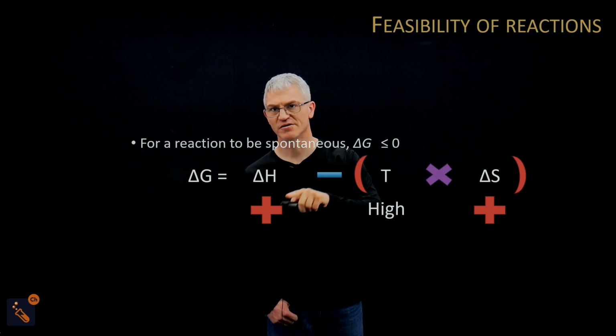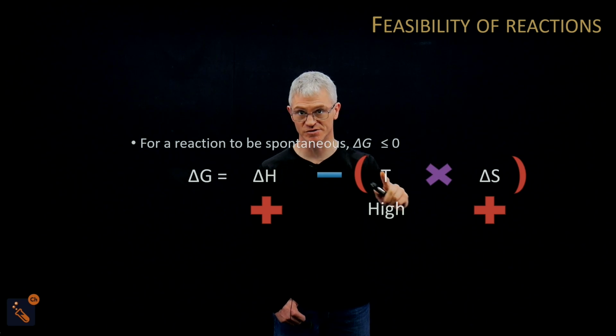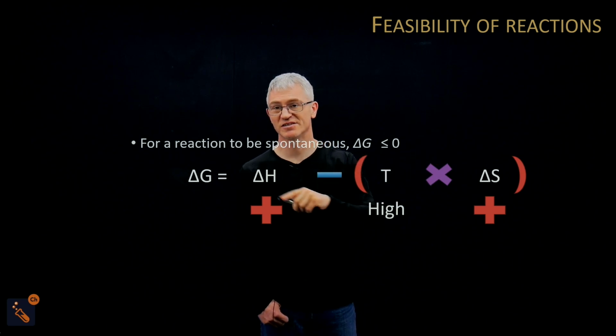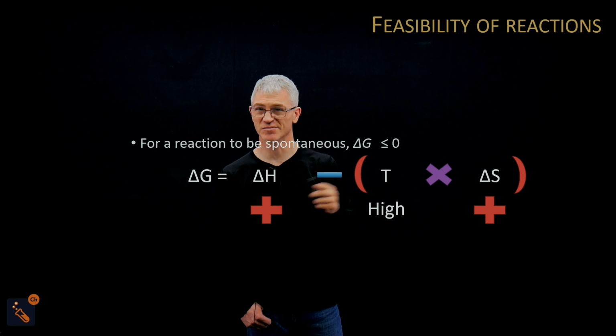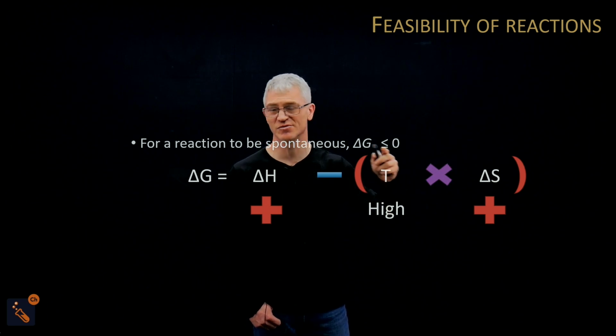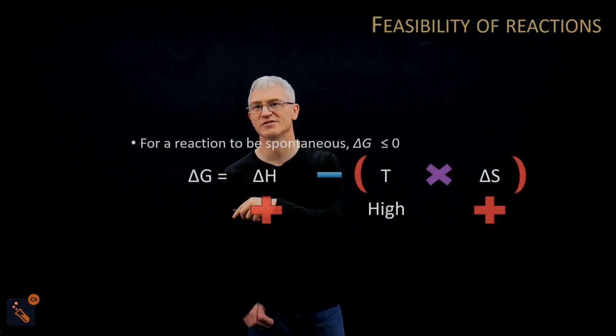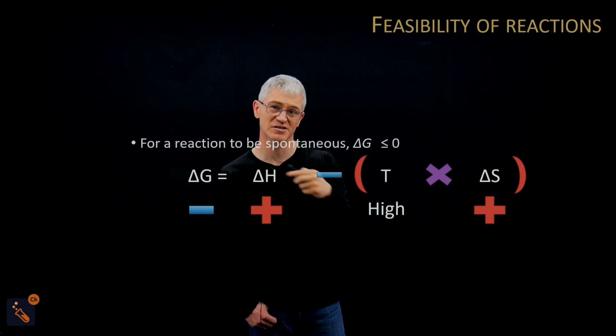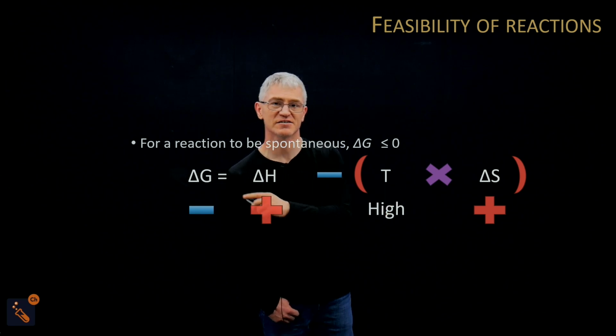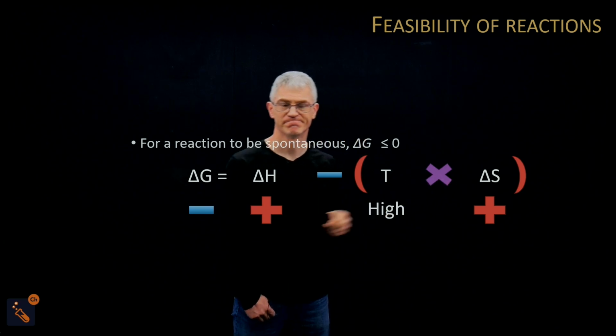So a positive number minus a very large positive number. That means delta G is likely to be a negative number, because if you take a big positive number away from a positive number, you're more likely to be negative. So at high temperatures, this is more likely to be negative. So this is likely to be a spontaneous system.